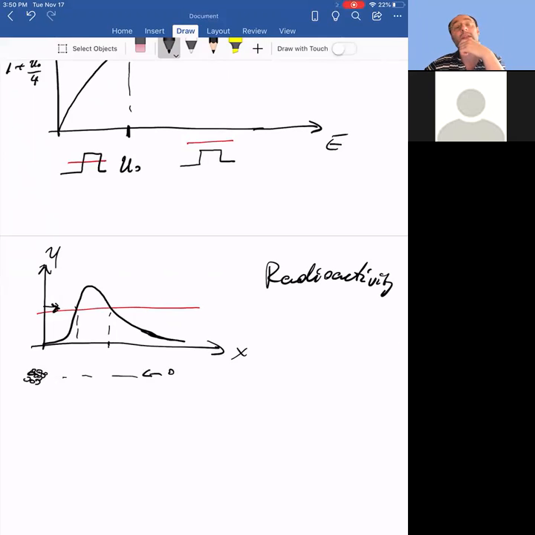In radioactivity, it's not a single proton that gets chipped away or tunnels away, but it's an alpha particle, a helium nucleus. So basically bits of a nucleus tunnel out. What remains is a smaller nucleus and this tunneled bit, which is a helium nucleus, also known as an alpha particle.